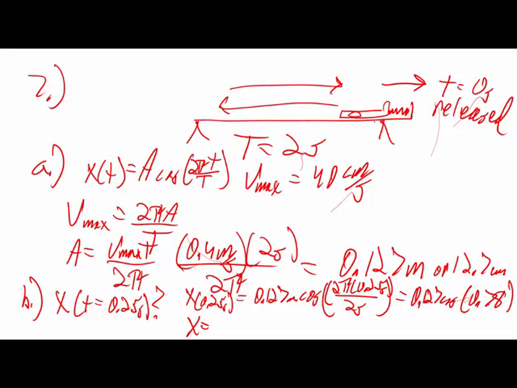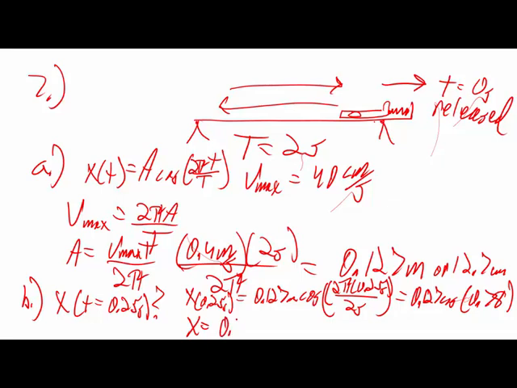Okay. So we got 0.127 times cosine of 0.78. And we get 0.09.